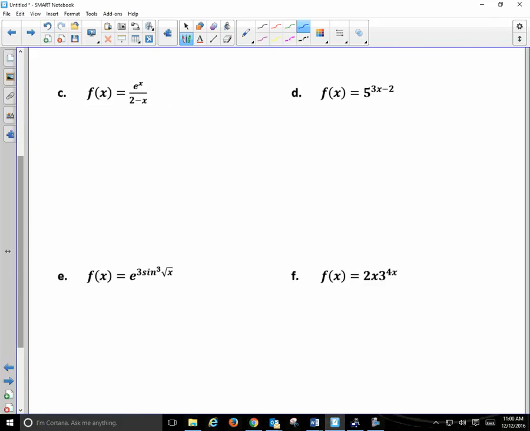See what rule? Quotient rule. So f prime of x will be equal to the derivative of the top times 2 minus x, minus the derivative of the bottom. This will be a plus e to the x over 2 minus x quantity squared.